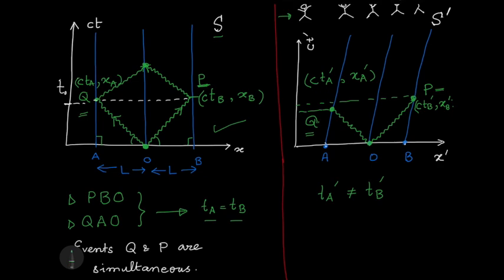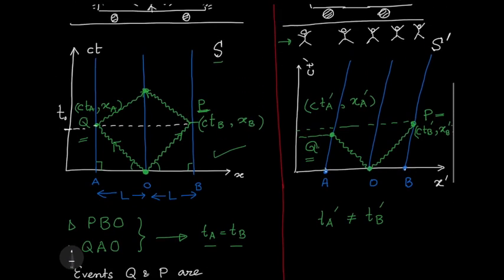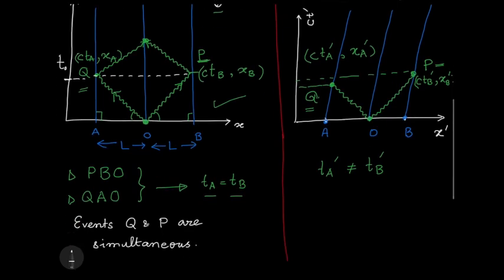So they call these two events simultaneous. Whereas when these observers measure the time for P and Q, they compare, they say that the events Q and P are not simultaneous.